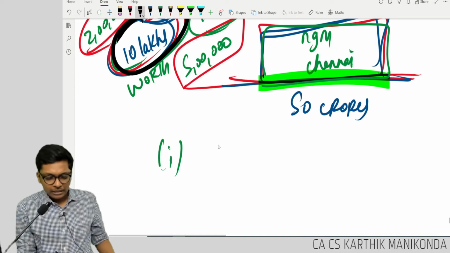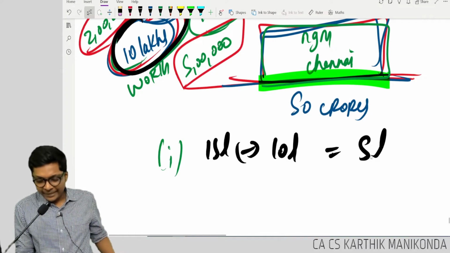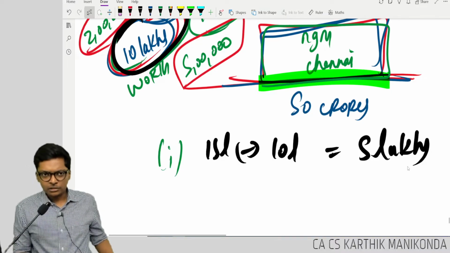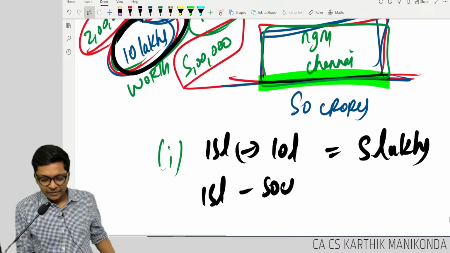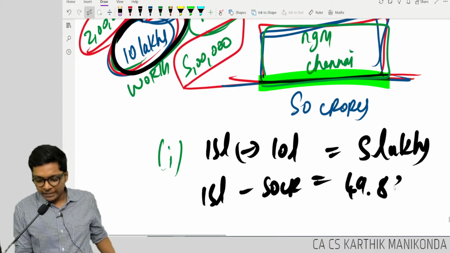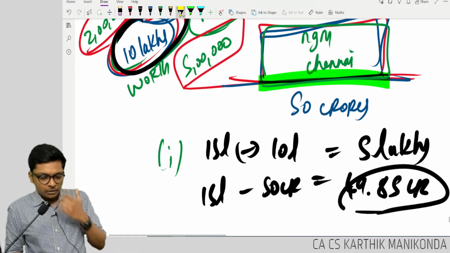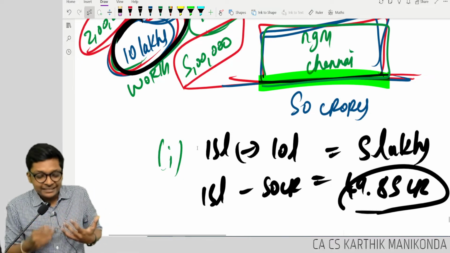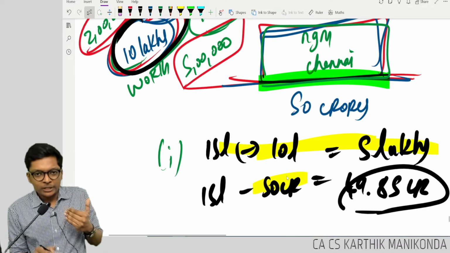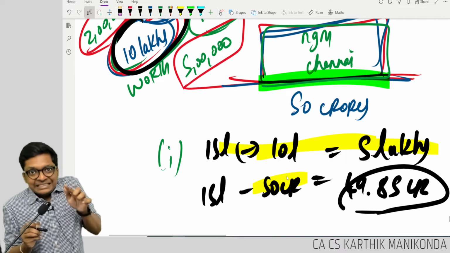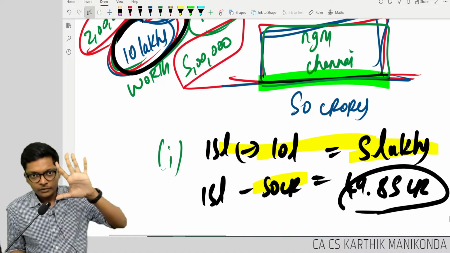Will she tell, I paid 15 lakhs for a land worth 10 lakhs and I paid extra 5 lakhs? Or will she tell, I paid 15 lakhs only for asset of 50 crores, 49.85 crores is my gain? Which she will tell? Which is reasonable? Option 1. Whatever happens today, in the transaction, what is the extra you paid will remain at 5.